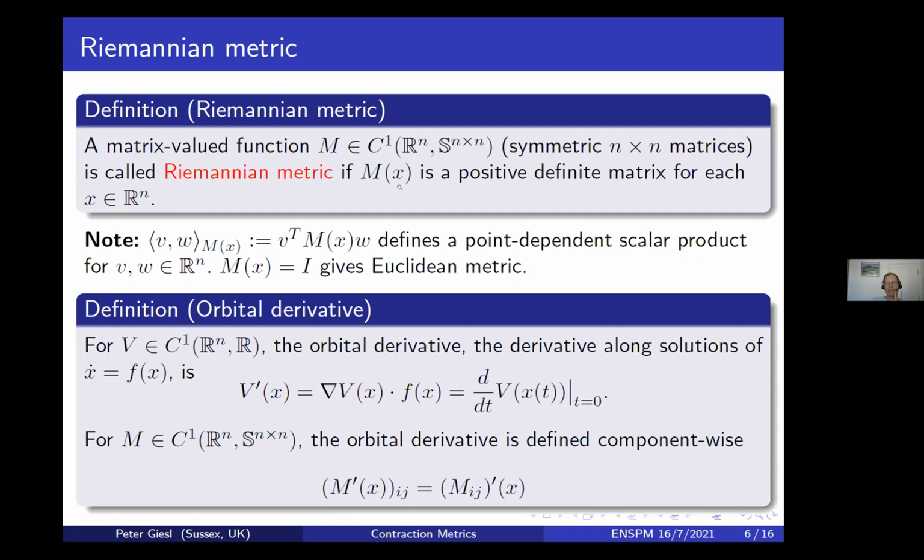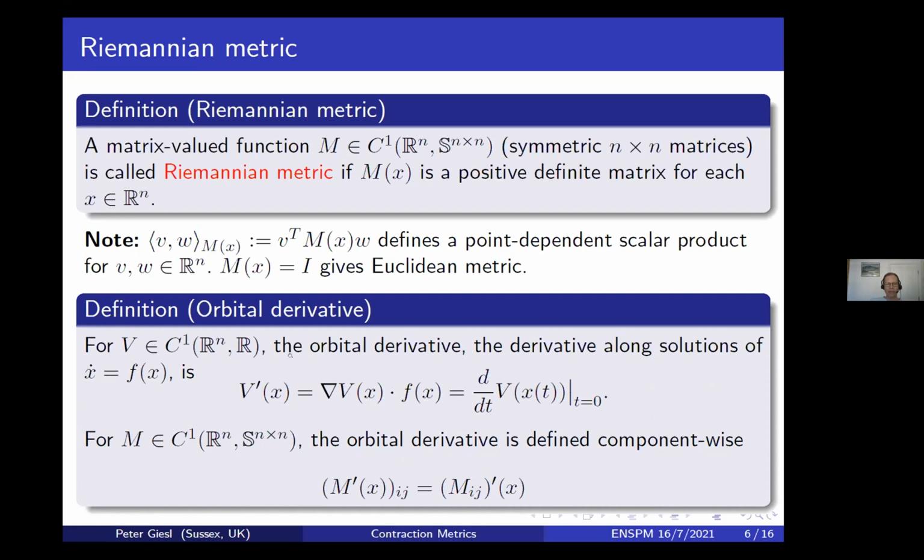So M of x is a positive definite symmetric matrix for each point x. And that defines a point-dependent scalar product. So <v, w> would be defined by v transposed times M of x times w. If M is the identity matrix, that gives us the usual Euclidean metric. But basically, the idea is we have more freedom to choose the appropriate metric at each point of our phase space.